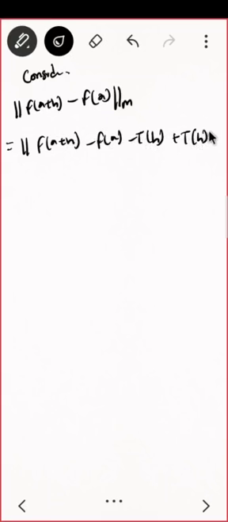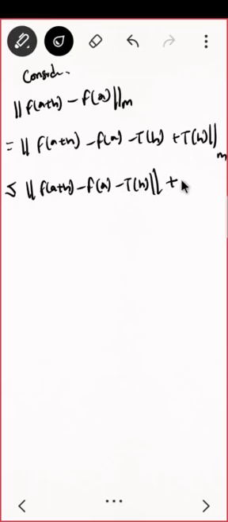So it will be f of E plus H minus f of E minus T of H plus T of H. This first thing is done. What next? Can I use the triangle inequality? This will be less than or equal to norm of f of E plus H minus f of E minus T of H, plus norm of T of H. That's it.